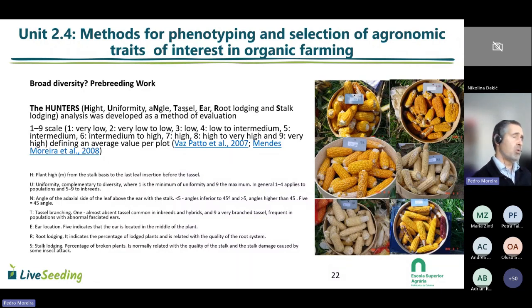So we need to know what we are dealing with. The ear, what is the position of the ear, and then a really important one for us, that is the root lodging and stalk lodging. So it means, what is the percentage of the plants that fall down by the root or break.